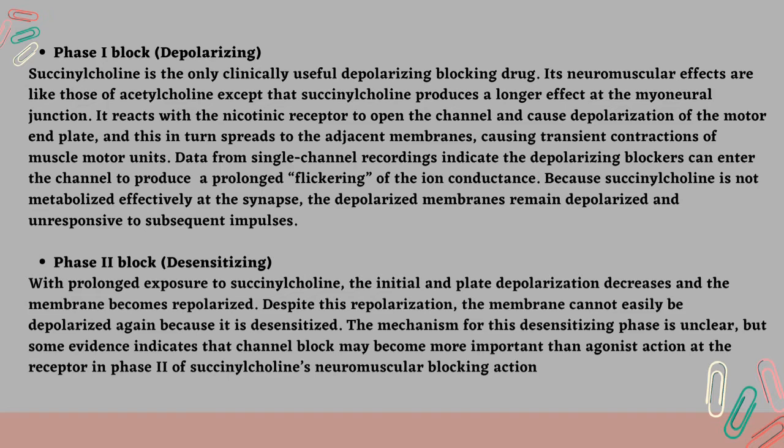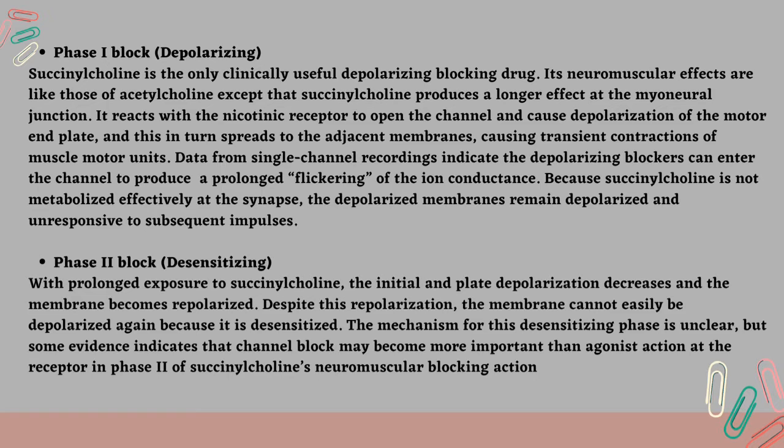Data from single-channel recordings indicate that depolarizing blockers can enter the channel to produce a prolonged flickering of the ion conductance. Because succinylcholine is not metabolized effectively at the synapse, the depolarized membranes remain depolarized and unresponsive to subsequent impulses.